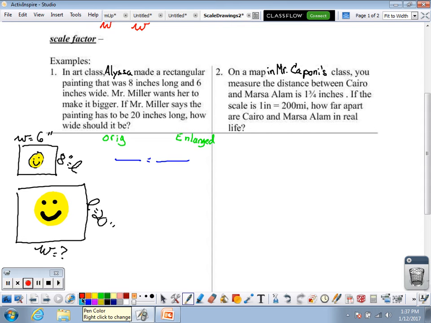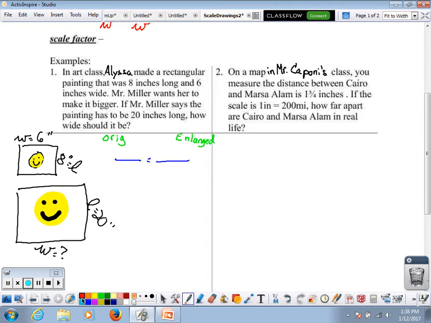Now, what measurements do I have for both of those paintings? Inches. Okay, everything's measured in inches, but what are those inches measuring? Length and width. So, that's what we're going to use.